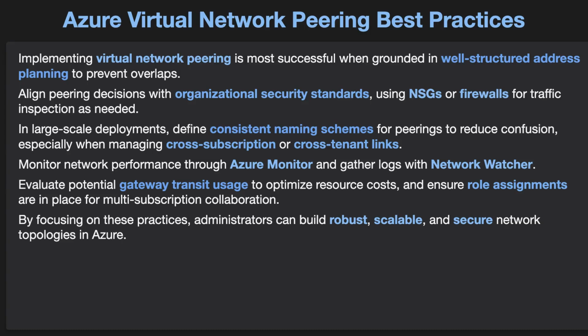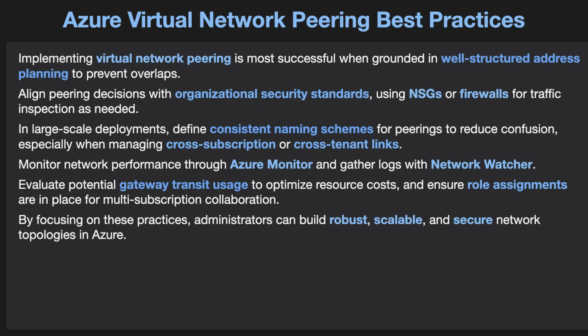Implementing virtual network peering is most successful when grounded in well-structured address planning to prevent overlaps. Align peering decisions with organizational security standards, using NSGs or firewalls for traffic inspection as needed. In large-scale deployments, define consistent naming schemes for peerings to reduce confusion, especially when managing cross-subscription or cross-tenant links.